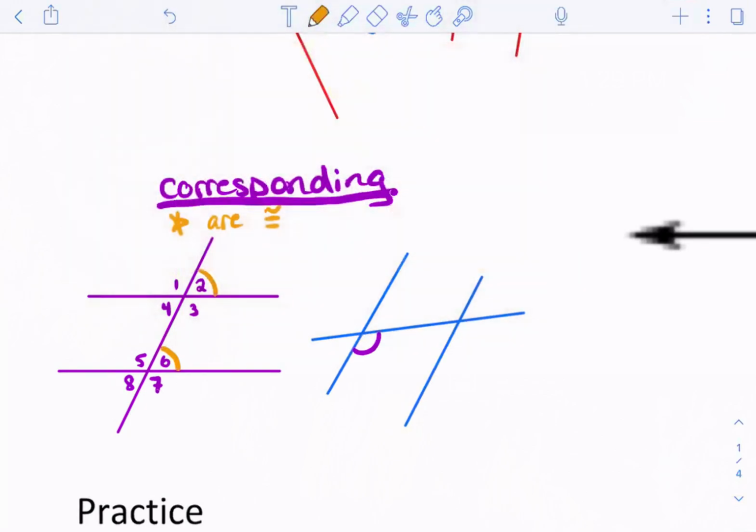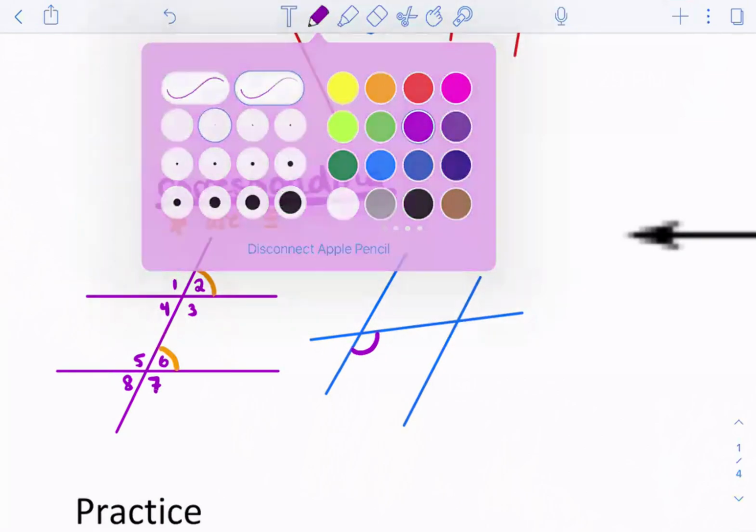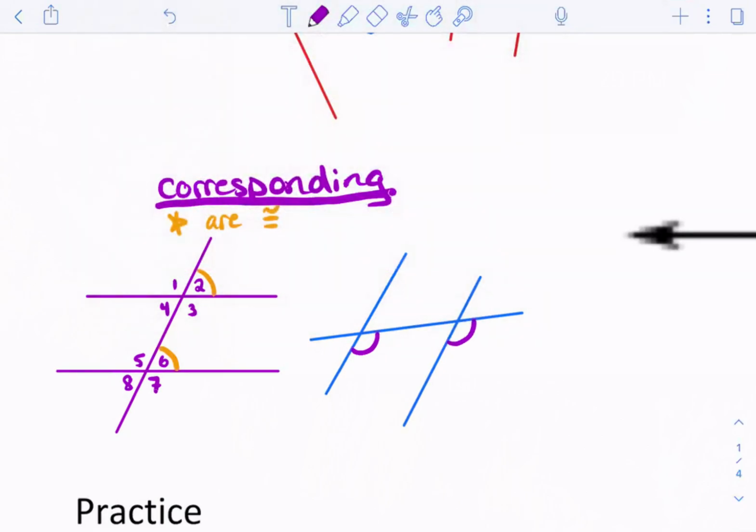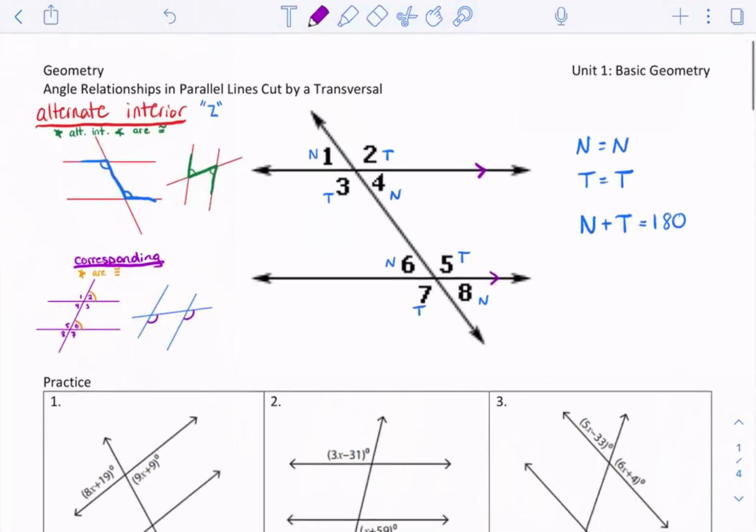So in this example, I'm just trying to show you, here's the angle. If I slid it across the transversal to the other parallel line, there is my other corresponding angle. So these two angles correspond, and also they are congruent. So those are the two most common ones that come up.